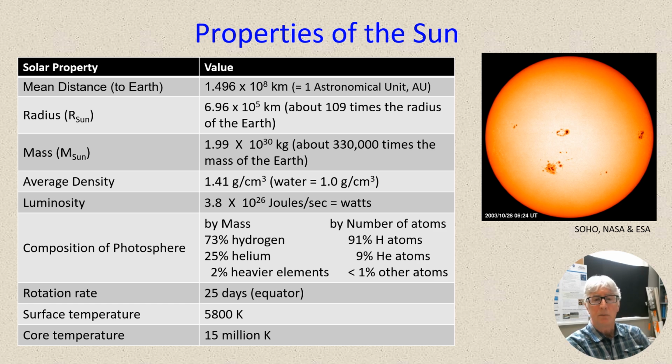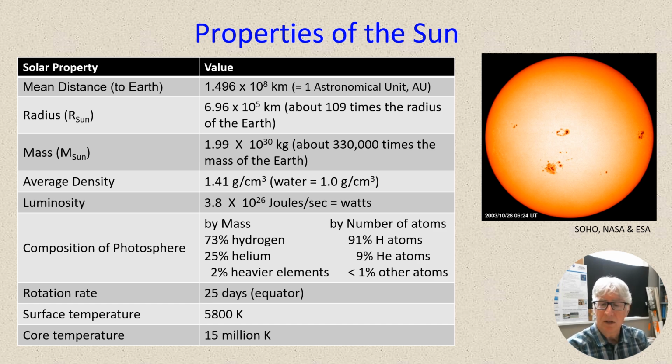This is a table showing you some basic properties of the sun: the distance, the size of the sun relative to the Earth, the mass, the average density, and the composition, in particular the amount of hydrogen and helium by mass. You see it is 73% and 25%.